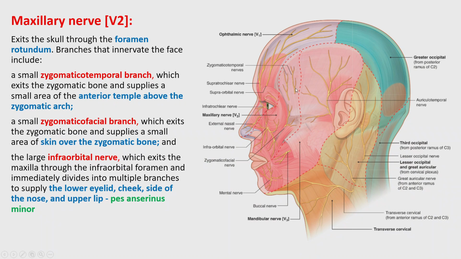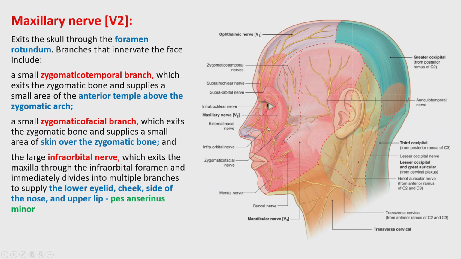In the zygomatic region it gives the zygomaticotemporal branch, which goes to the sensitive innervation of a small part of the temporal region. It also gives the zygomaticofacial branch, which is responsible for innervation of the skin of the cheek region. And a very important branch of the maxillary nerve is the infraorbital nerve.